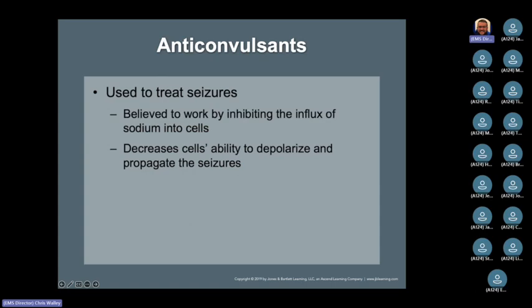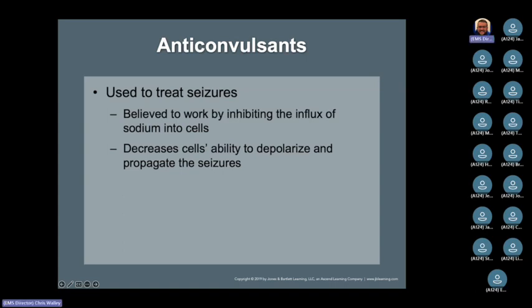So your anticonvulsant medications, we don't know exactly why mechanically, but they do their job. That medicine was made to stop it. We believe that it's done by inhibiting the influx of sodium into the cells, but we really haven't dove so far into that study.